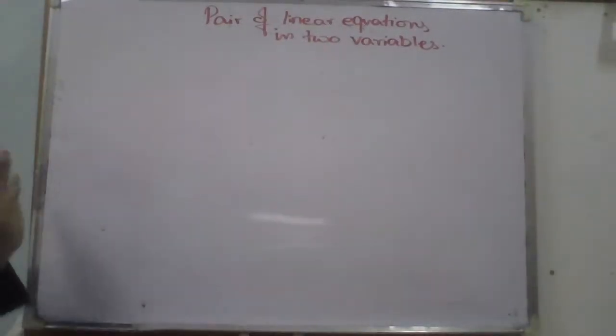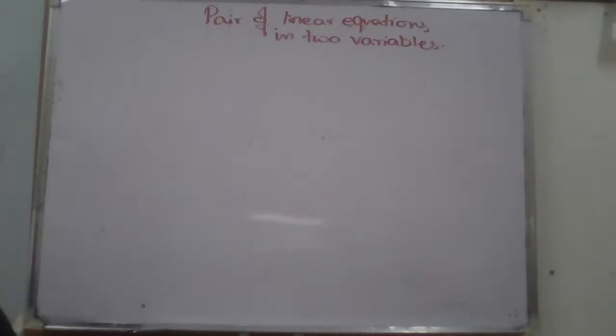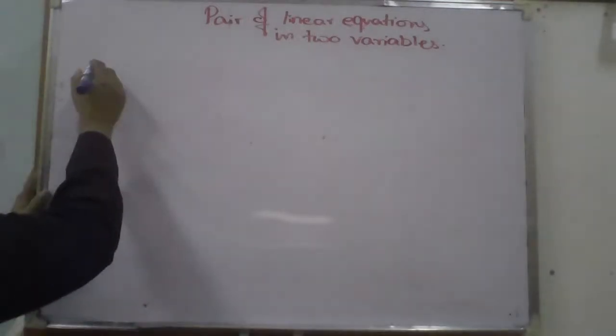So now they will give you equations and ask you to check whether the given lines are intersecting, parallel or coincident. For example, x plus y is equal to 14.